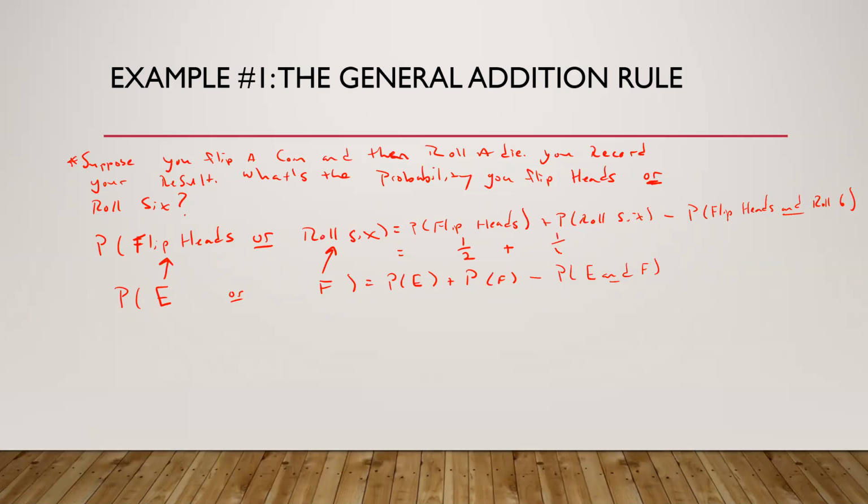Yep. Now, here's the thing. What is the probability you flip heads and roll a 6? Okay, so these events are not disjoint. You can do this at the same time. You can flip heads and then roll a 6. Like, you can do this together. So look back in your notes. What did we say the probability of this was?